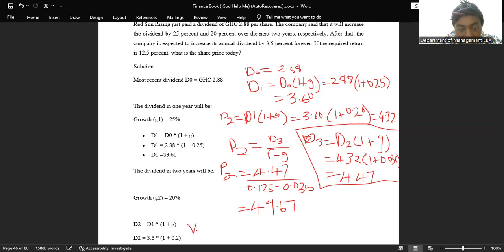So the value of the share is equal to D1 over 1 plus R raised to the power 1, plus D2 over 1 plus R raised to the power 2, plus P2 over 1 plus R raised to the power 2. The purpose of calculating P2 is for us to get the price.